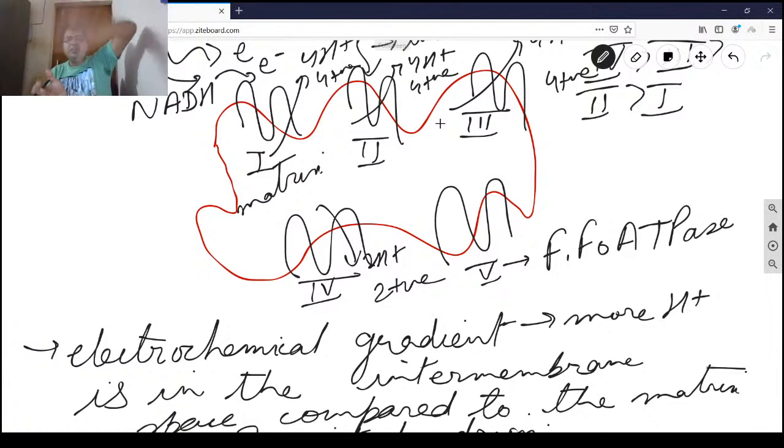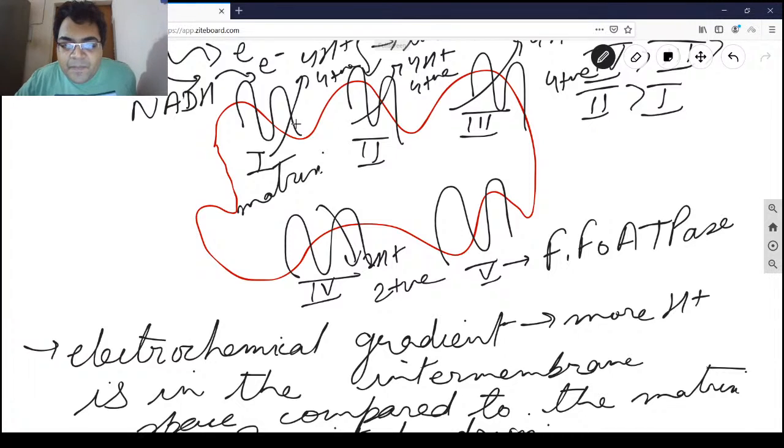So when you throw out positive ions, just like you throw out 3Na plus and take in only 2K plus through the Na-K ATPase, you build up a deficiency of positivity, thereby increasing one negative charge each cycle of that ATPase. In the same way, since you are throwing 4 positive charges outside, you are generating a deficiency of positive charge inside the mitochondrial matrix, thereby causing an excess of negative charge.